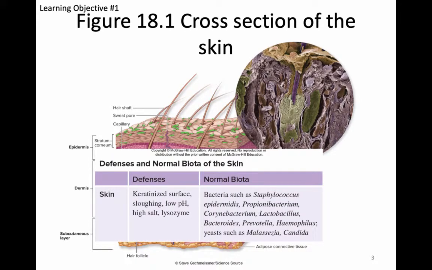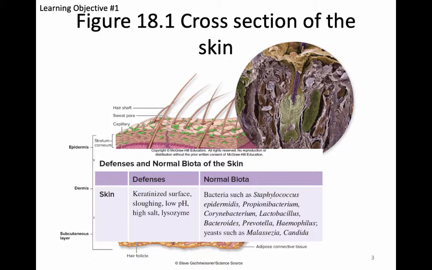And then we also have the presence of normal biota. So we found in the Human Microbiome Project, which was trying to categorize and find numbers of microorganisms living in and on humans, there are quite a lot of normal biota in a healthy human. So different types of bacteria, there's also yeasts, I'm sure there's a lot of viruses as well.